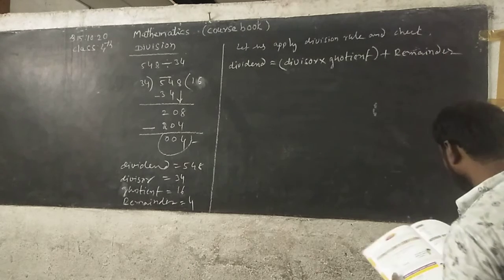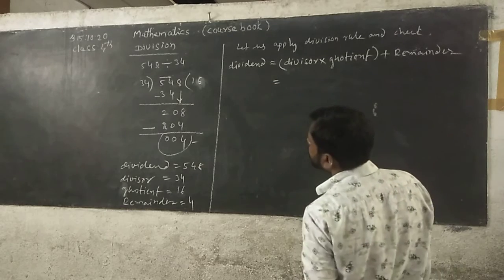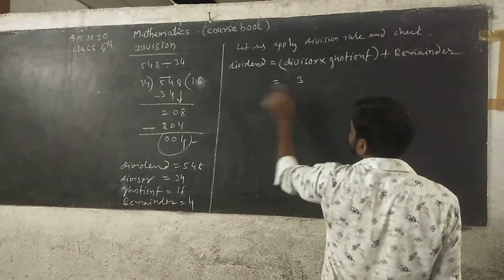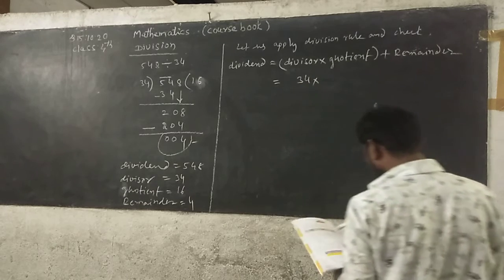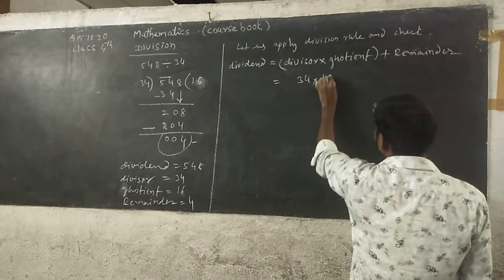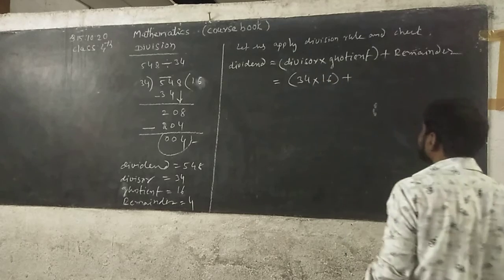See here, that is equal to divisor, 34, into quotient 16. So write divisor into quotient in a bracket, then there is no confusion. Remainder 4.